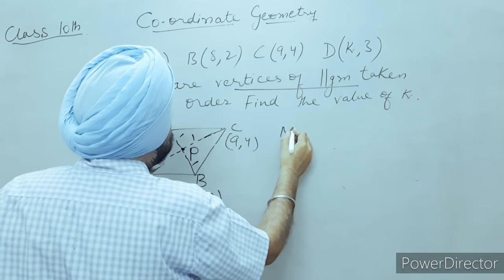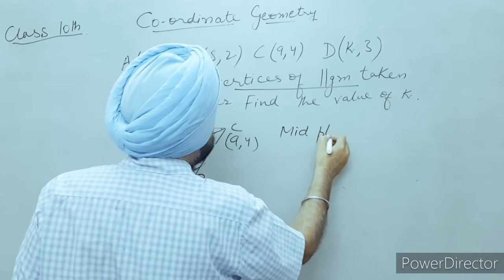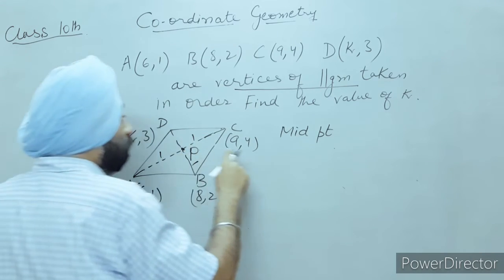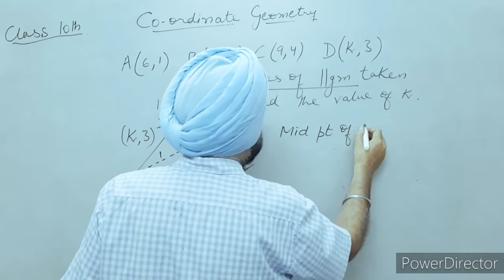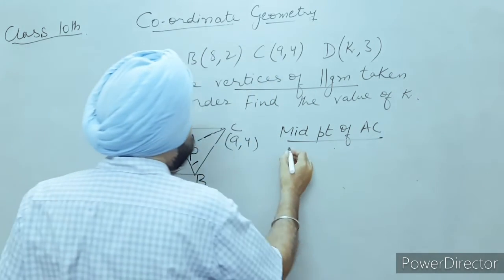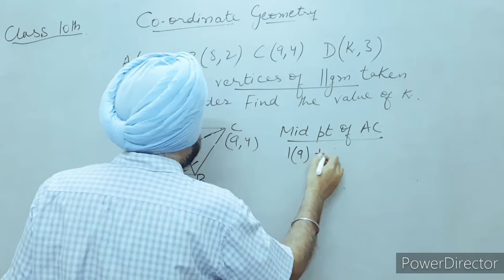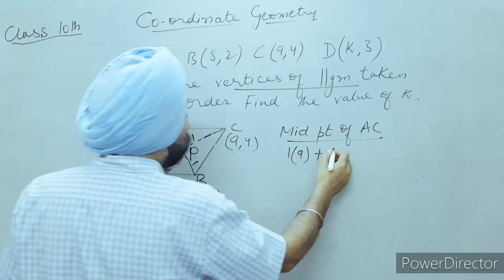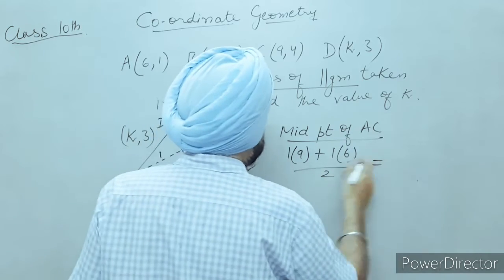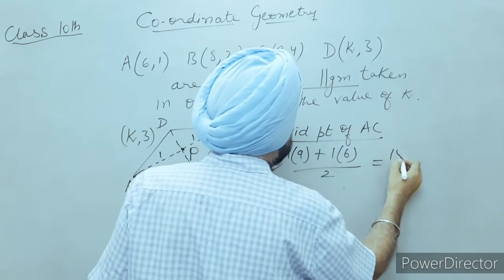Since the ratio is 1:1, I will find the point P as the midpoint of AC. First, that is 1 into 9 plus 1 into 6 divided by 2, which is 9 plus 6, 15 by 2.